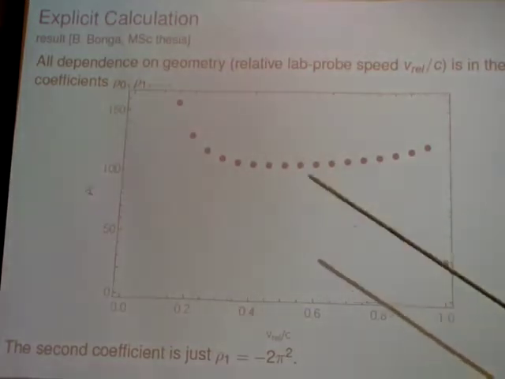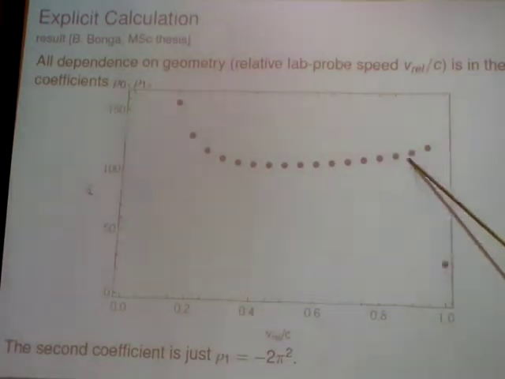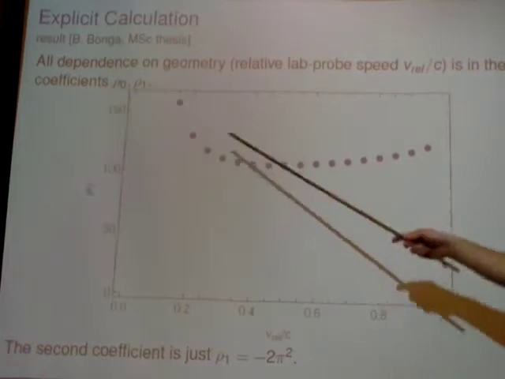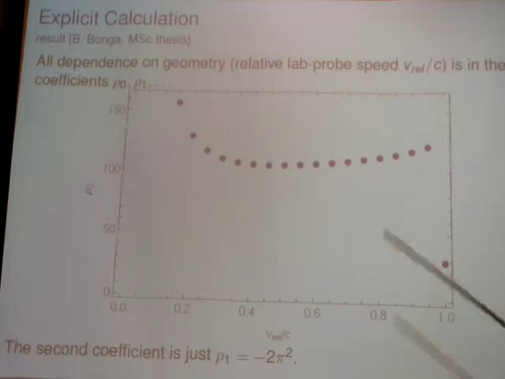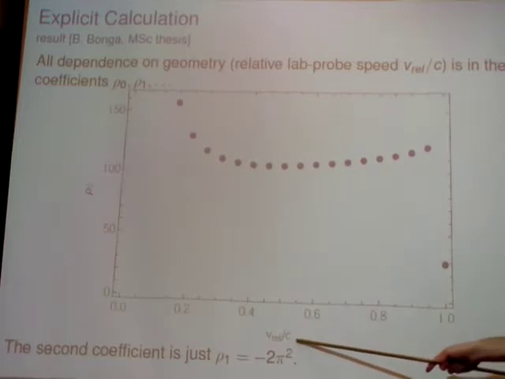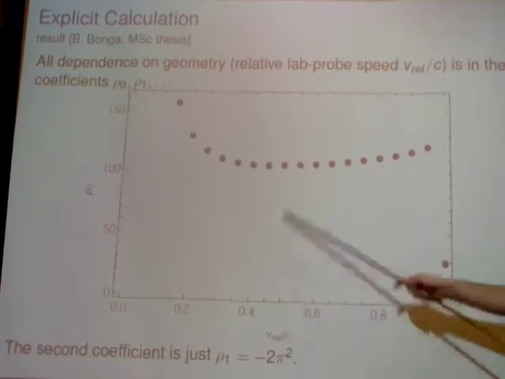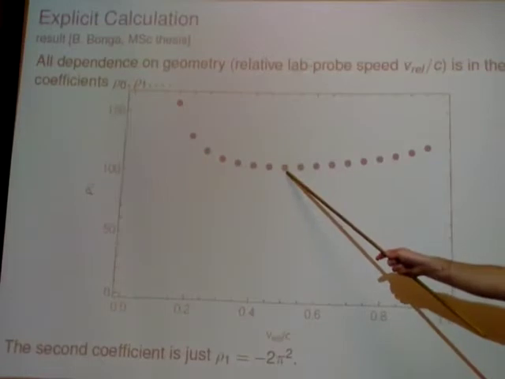This plot was computed not symbolically, but numerically, so to speak. But it so happens that all the calculations involve only rational numbers. So if you take rational velocities, then you get essentially a rational number for this coefficient here.